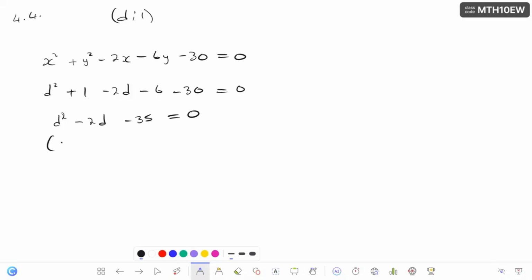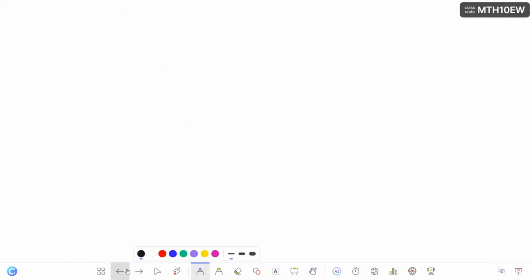So d = 0, positive or negative, 7 and 5. So d = -5 or d = 7. But we need to interpret and check.